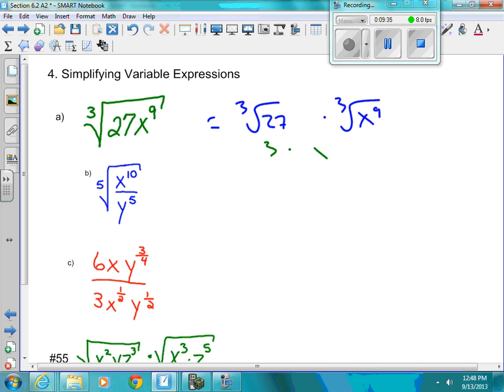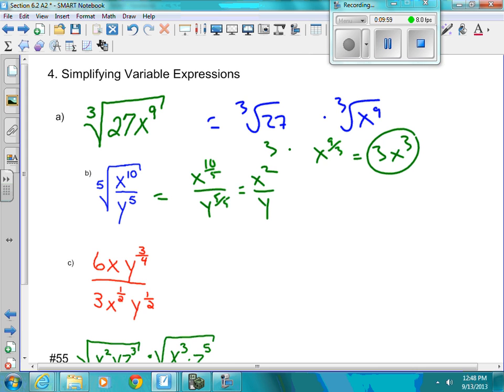That's really x to the 9 over 3, or 3 times x to the 3rd. That's how I would simplify using that. B, the 5th root of x to the 10th over y to the 5th. That'd be like x to the 10 over 5 divided by y to the 5 over 5, or x squared over y. Okay?